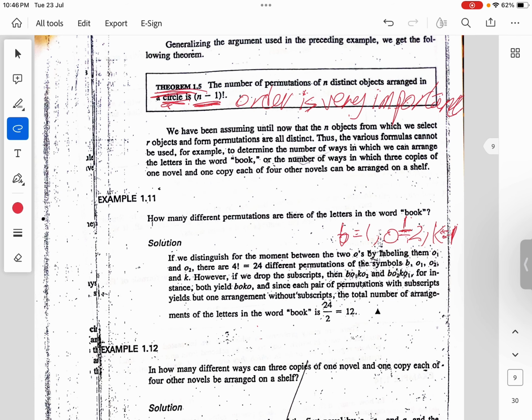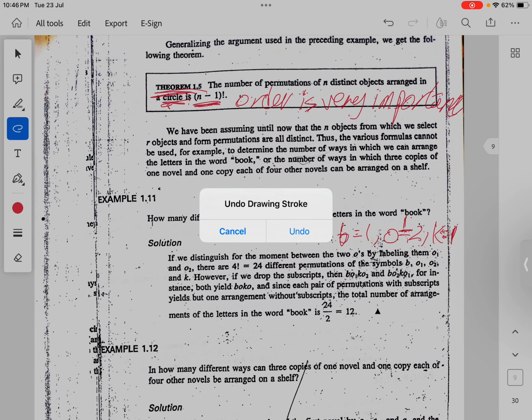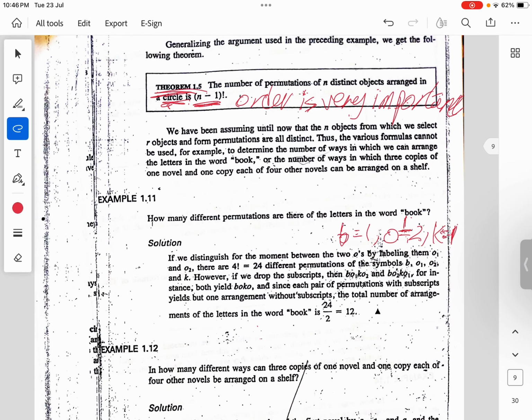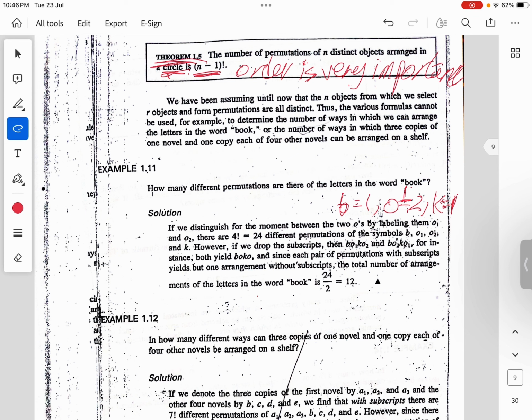Since we have 4 letters, 4 factorial is 24. But we have 2 letters that are a repetition, O1 and O2. This is why we say 24 over 2, which is 12.